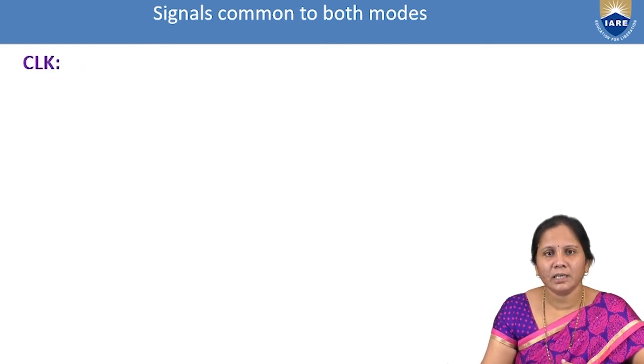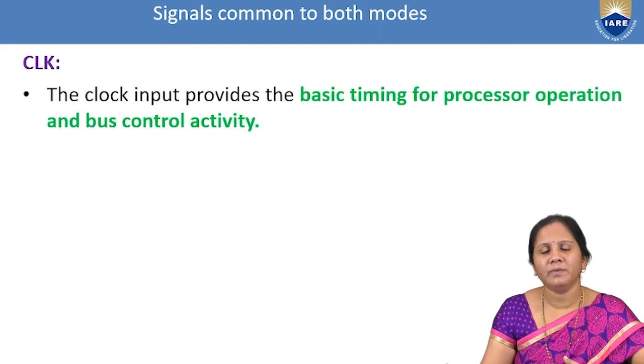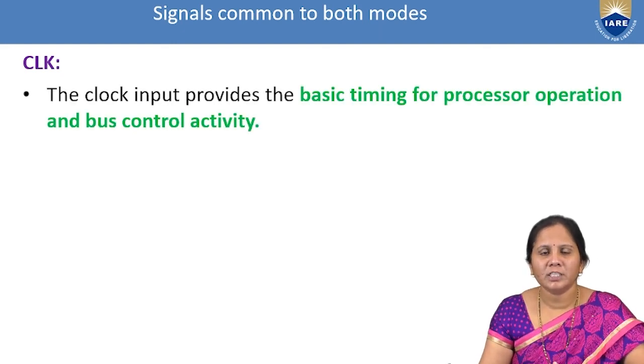And the next signal here is the clock signal. The clock frequency required for the 8086 microprocessor is based on the versions: 5 MHz, 8 MHz and 10 MHz. There are a number of oscillators that can produce the clock frequency, like the LC oscillator.